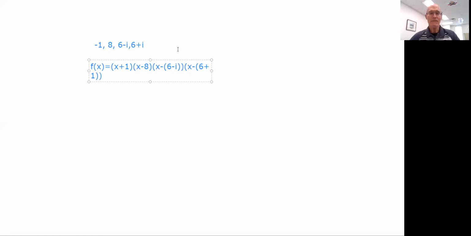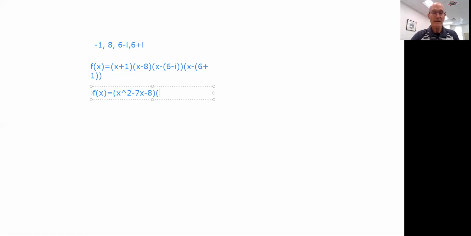Now, when we are trying to multiply it out, we have f of x equals, and we can multiply the first part out here. So we have x squared, then minus 8x plus x, so that's going to be minus 7x, and then we have minus 8.